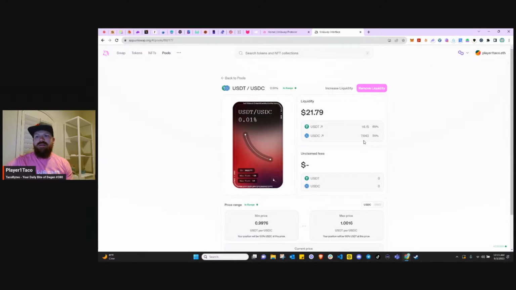That means that at the current ratio, people are trading more towards USDC and selling their USDT. Having a larger position allows for a little bit more of that unclaimed fee side of things, so it really pushes forward with being able to have a bigger piece of the pie.